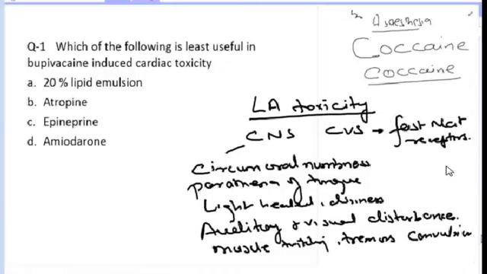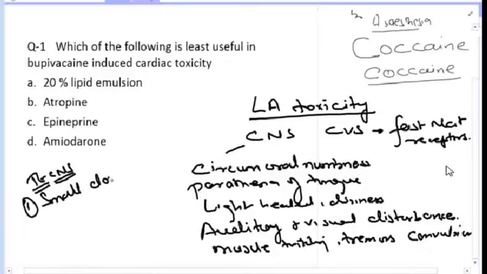Now, the treatment for CNS toxicity is a small dose of thiopentone or propofol, because they are anticonvulsants.